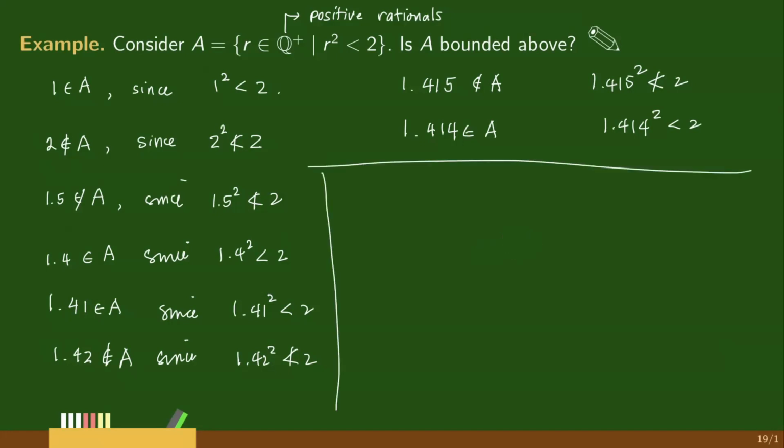Is this set bounded above? Actually, yes. Kasi, tingnan nyo ha. First of all, if R is greater than 2, then, of course, ang R squared is greater than 2 squared, or 4.